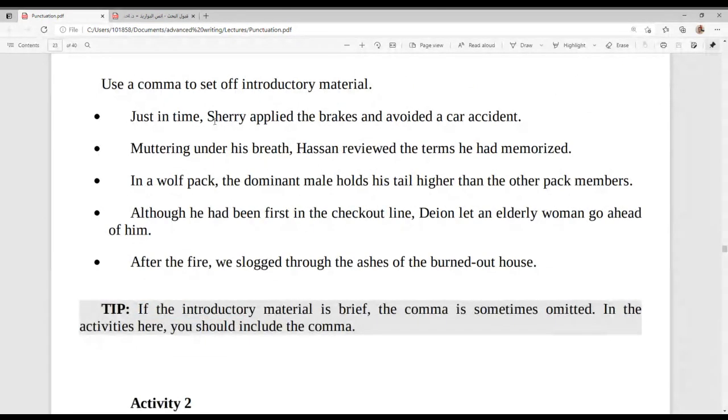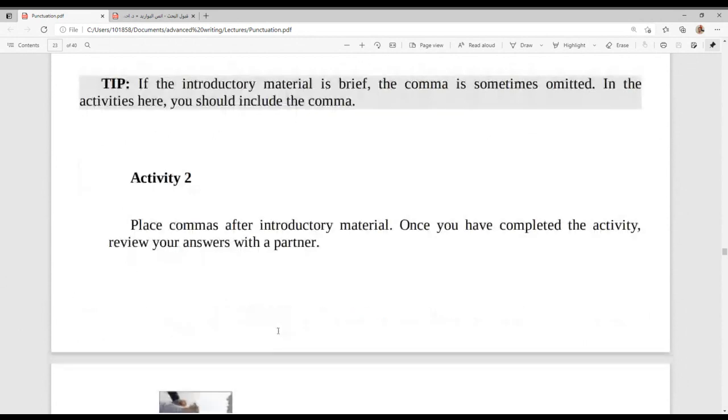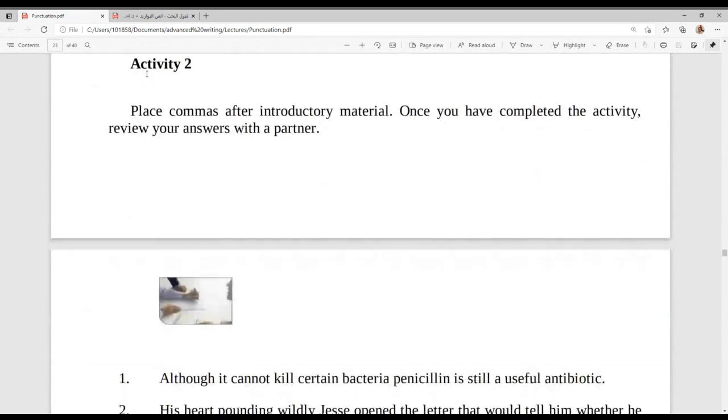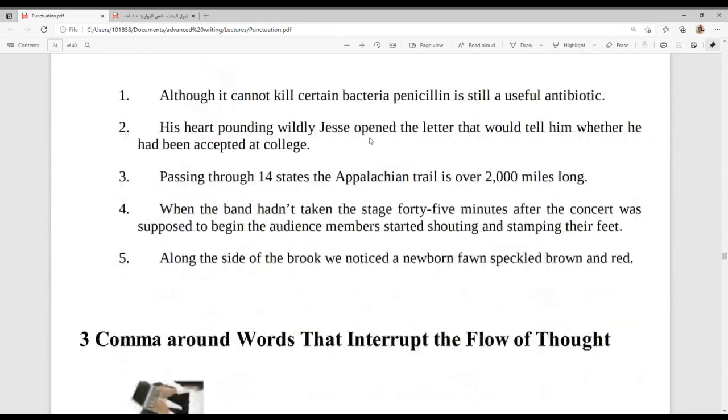But if it is brief, the comma is sometimes omitted. Sometimes omitted, not all the time, sometimes. Now look at the activity here. Place commas after introductory material. Once you have completed the activity, review your answers with a partner.